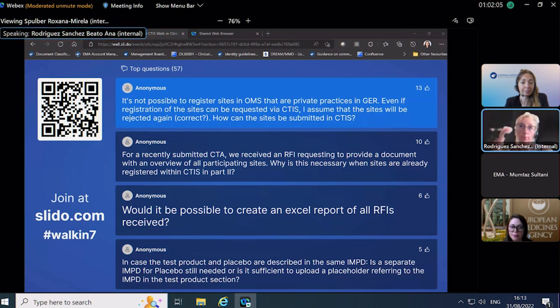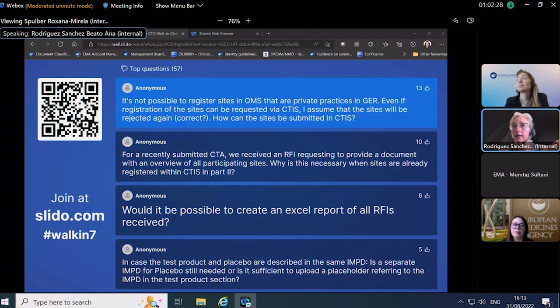At this point in time, there are problems because we haven't done the switch off for the investigational site yet, and on top you have this problem about registration of a sponsor of certain private practices in OMS as well. But please be aware that in both cases we are working on that.